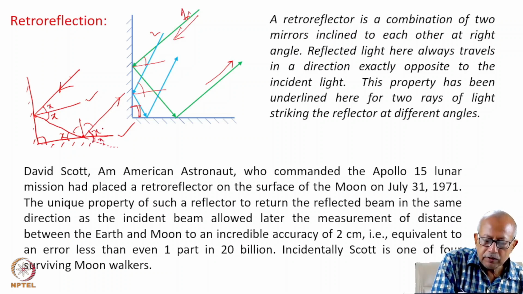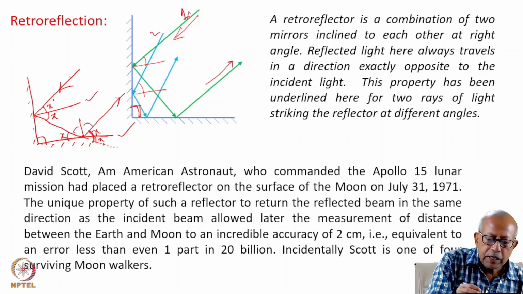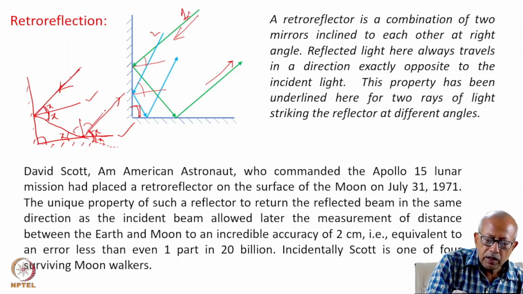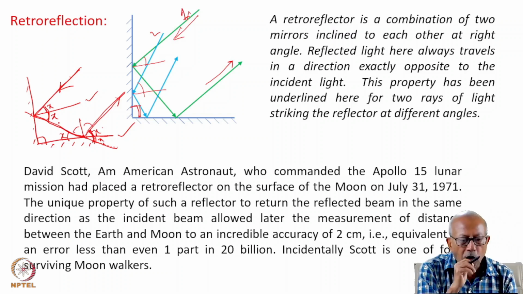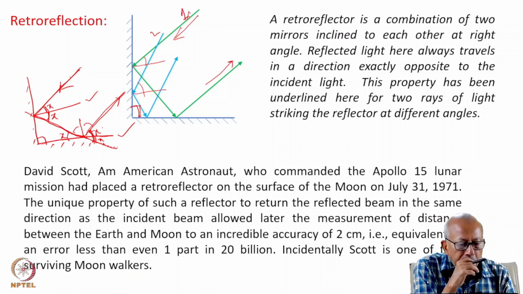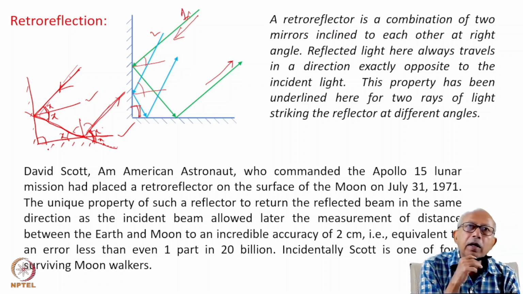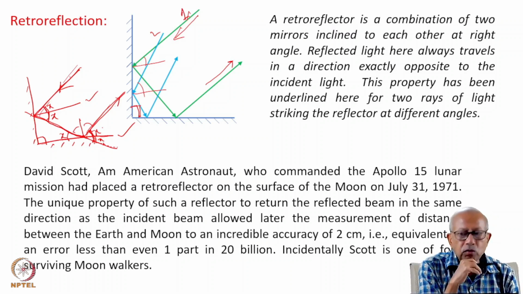So then this angle is 2x, which is the same as this angle. So that means this ray and this ray are parallel, because this is 2x and this is 2x. From the alternate angle property, we can say that this ray and this ray are parallel. Therefore, when two mirrors are inclined at a right angle to each other, it works like a retroreflector.